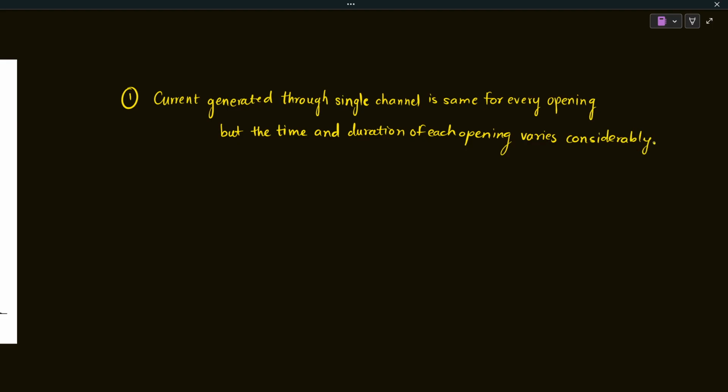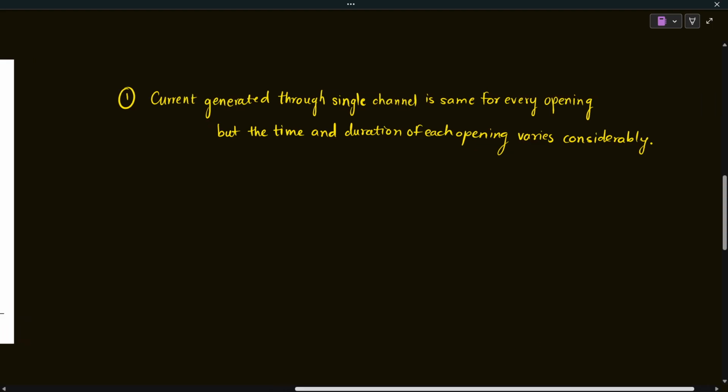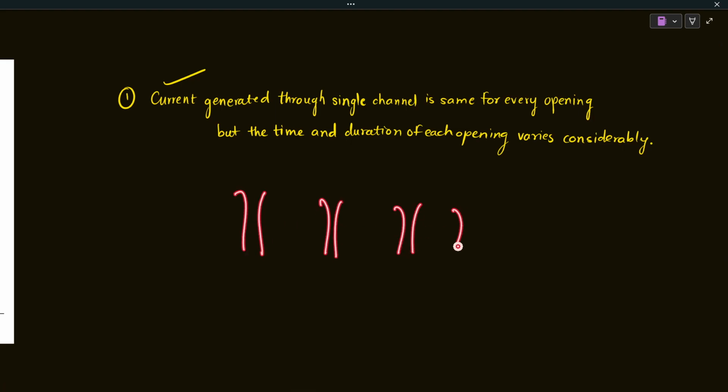So you can see that this is again not possible. It is not really possible that each ion channel opens at the same time. Let's say there are six ion channels to which acetylcholine is binding.